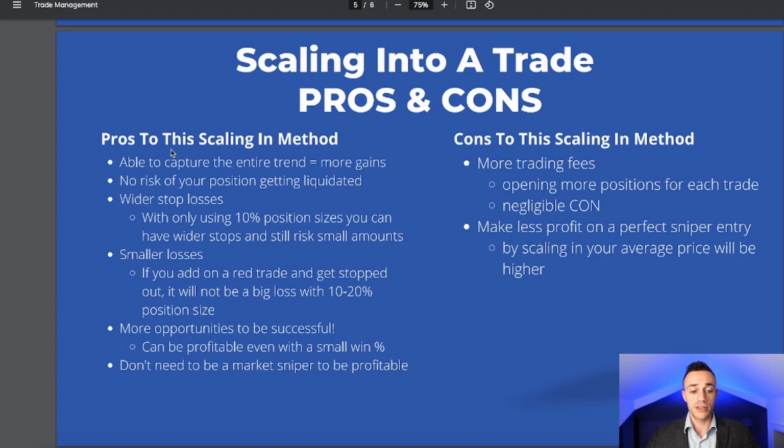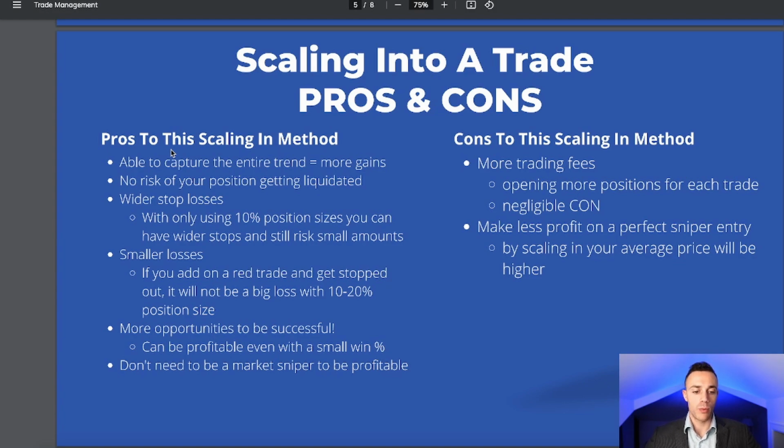Next pro would be smaller losses. If you do add on a red trade and it ends up getting stopped out, it will not be a big loss because it's only 10 to 20% of your overall account size. So you eliminate that big loss outcome from your trading, which, like I said, makes it very easy to be profitable. You can still be wrong over half the time. Your win percentage doesn't really mean anything.